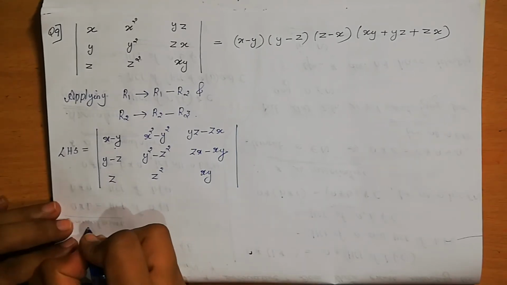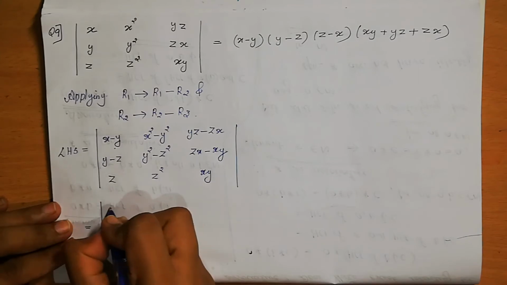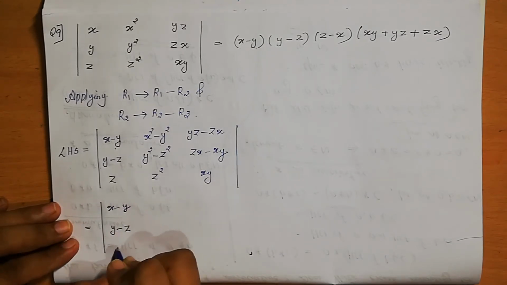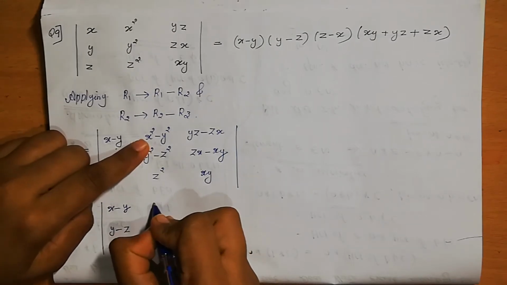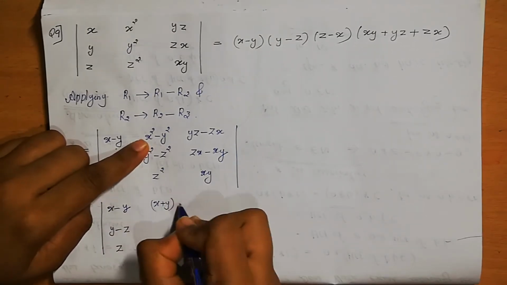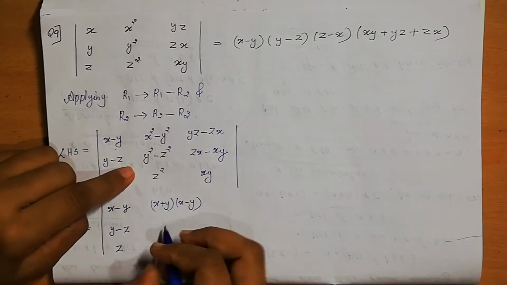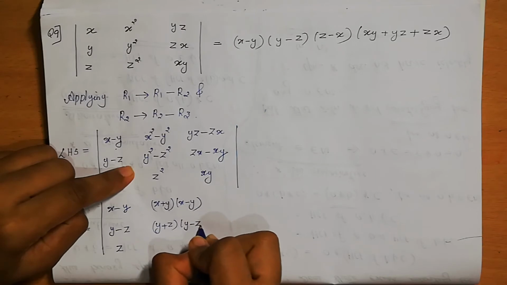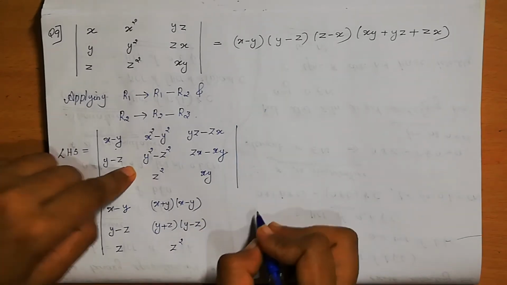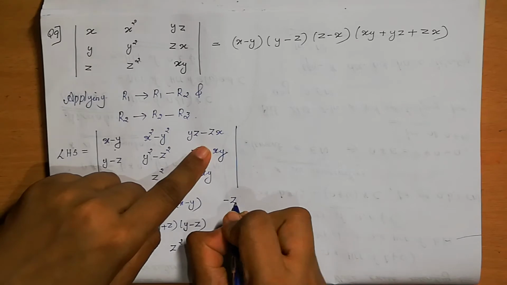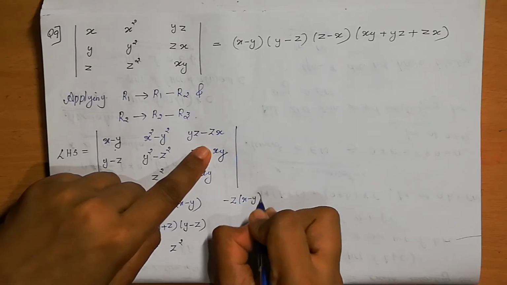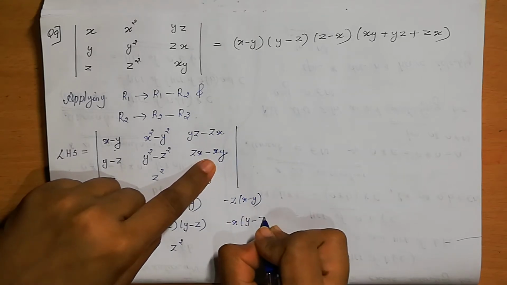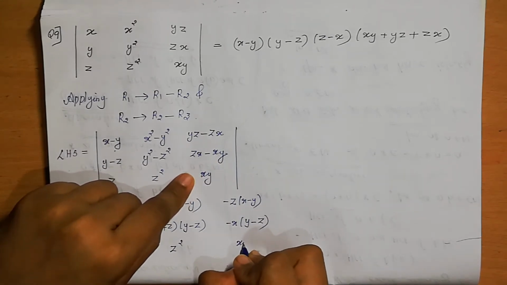So first we can expand that and write x minus y, y minus z, x square minus y square means x plus y into x minus y, y square minus z square means y plus z into y minus z. From here I can take minus z as common. So what is remaining? X minus y. Here I can take minus x as common. So y minus z, xy.